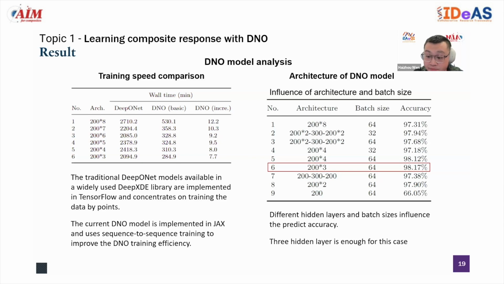So every time we build and test an NN, we need to find the optimal structure. In our case of the DON model, 3 hidden layers with 200 neurons in each layer are the optimal structure.